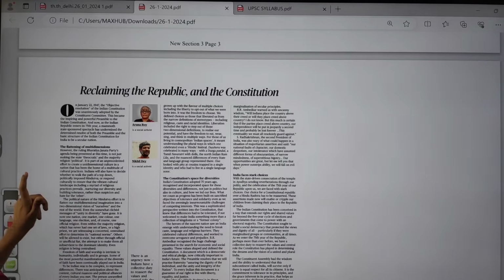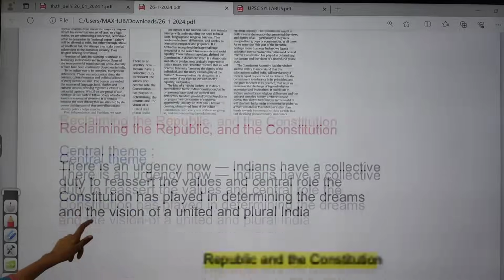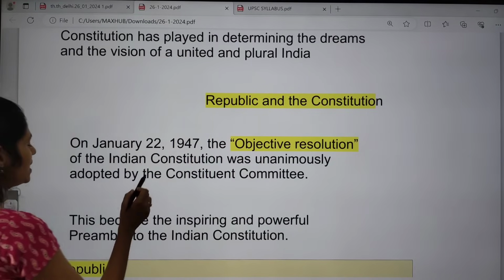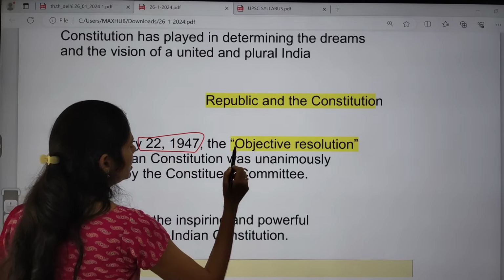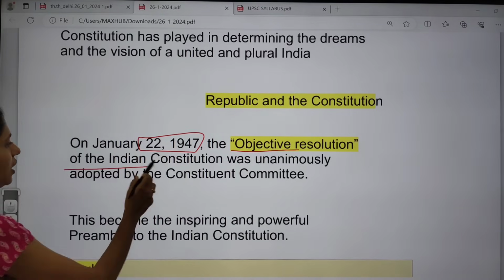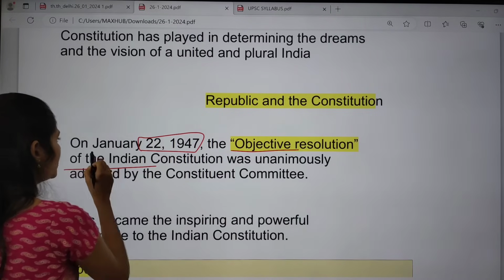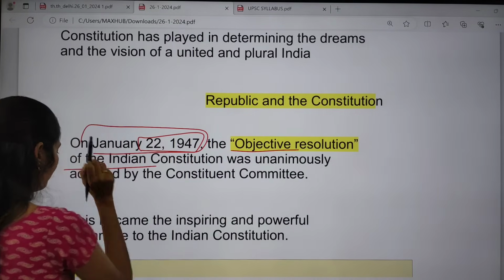Next, the topic is about Republic Day. Here you have to know some important facts. On January 22nd, 1947, the objective resolution of the Indian Constitution was unanimously adopted by the Constituent Assembly. On which day? January 22nd, 1947.